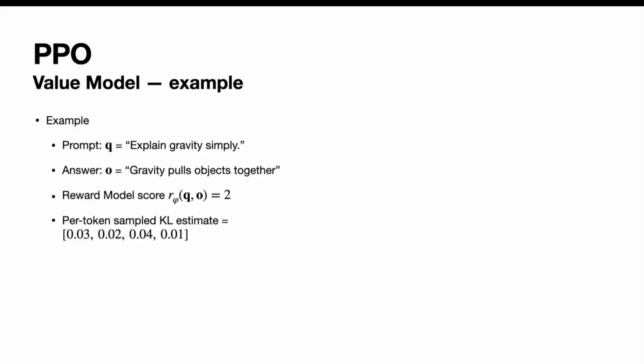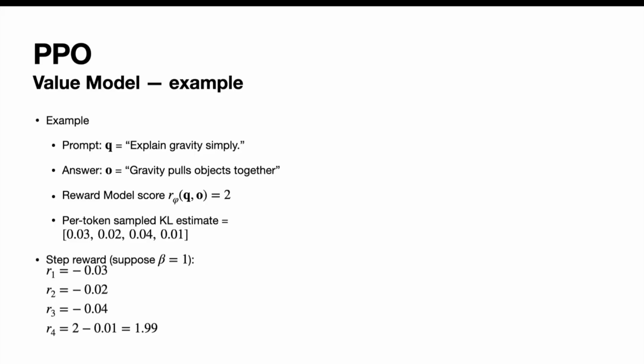So this answer has 4 tokens. Now, suppose the reward model score for this prompt-answer pair, r_phi of q and o, is 2. We also have a per-token sampled KL estimate: 0.03, 0.02, 0.04, and 0.01.